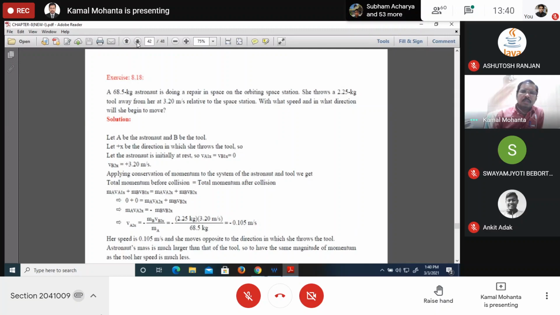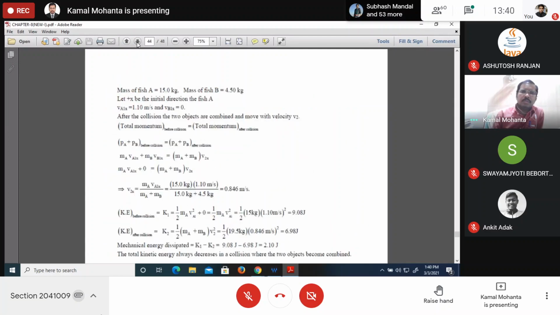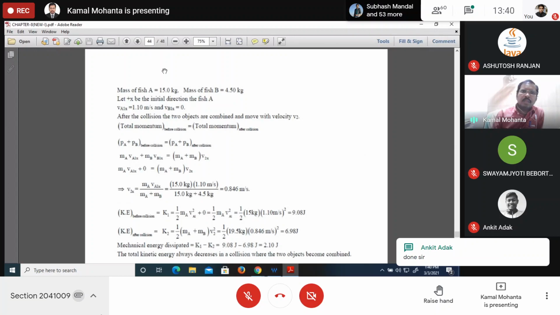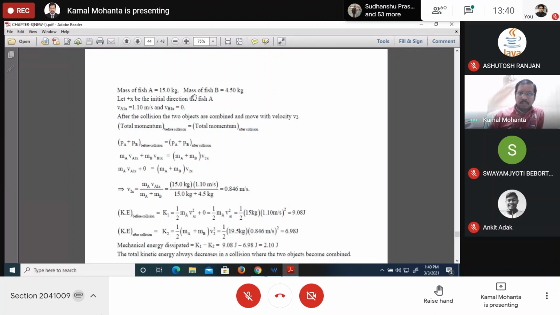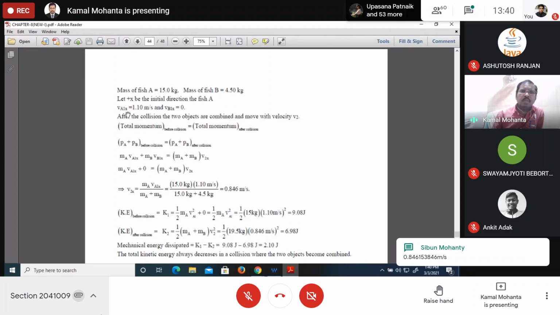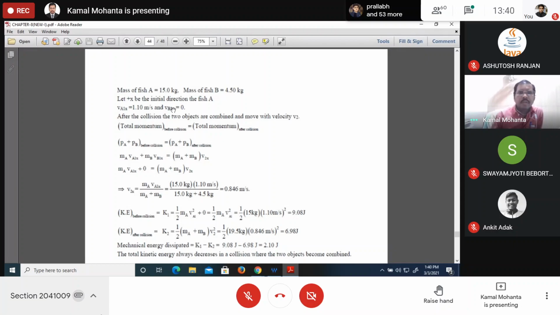Okay, so the mass of fish A is 15 kg and the mass of fish B is 4.5 kg. In the positive x direction, the initial velocity of fish A, VA1x, is 1.10 meter per second according to the question. And VB1x, that other fish at rest, is equal to 0.